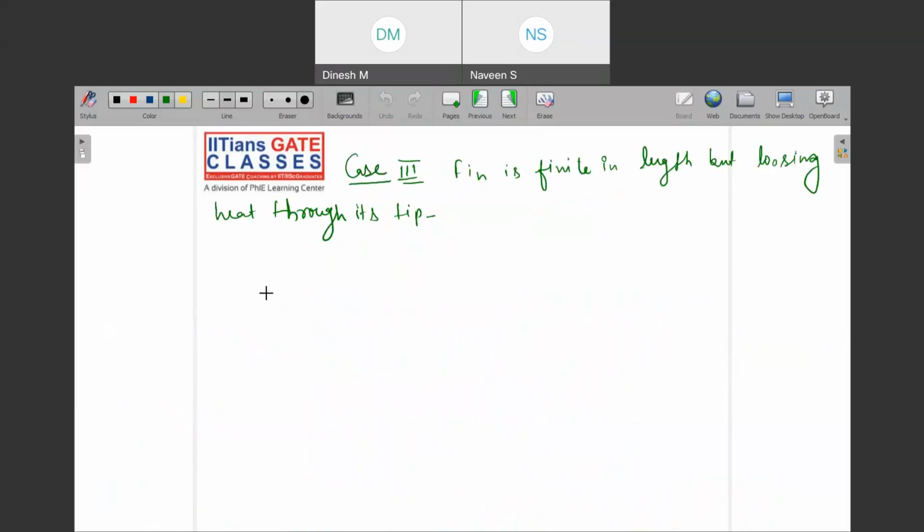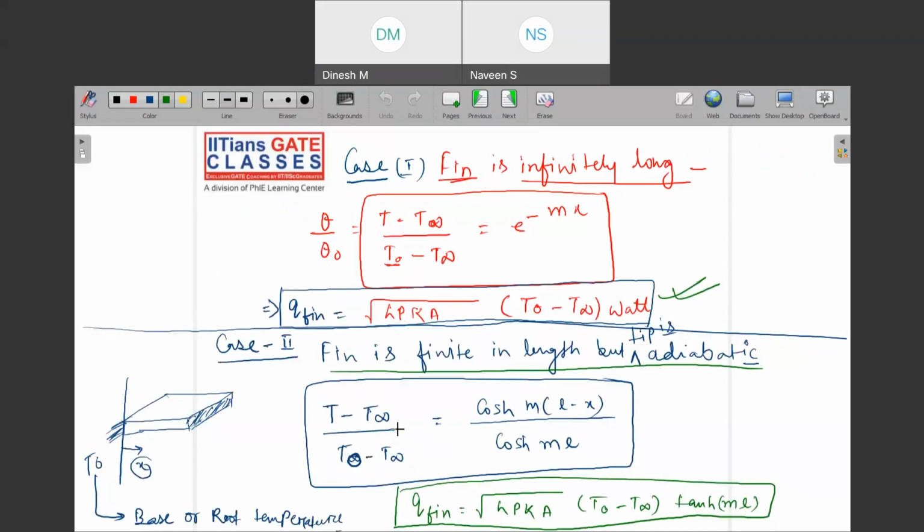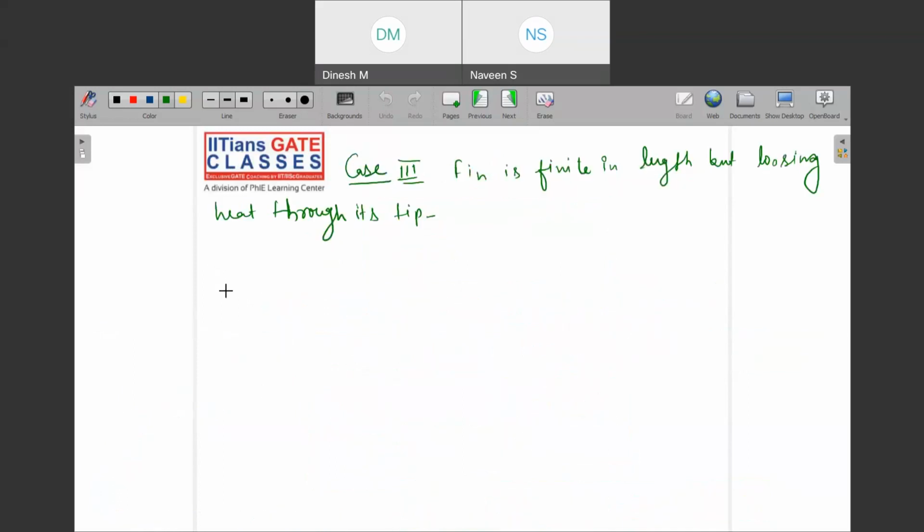Then what we do is try to get it converted into the previous case. Let us say, for example, I have a circular fin, and its length was L. How do you solve it?